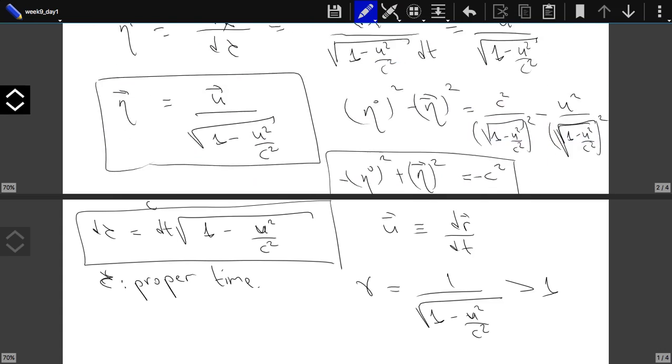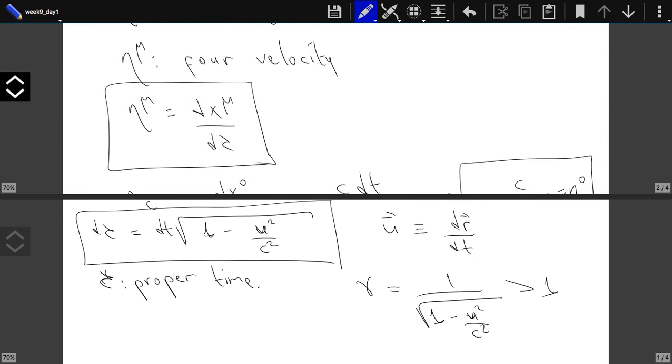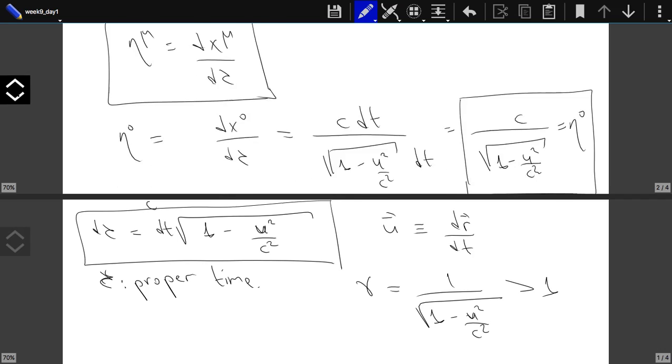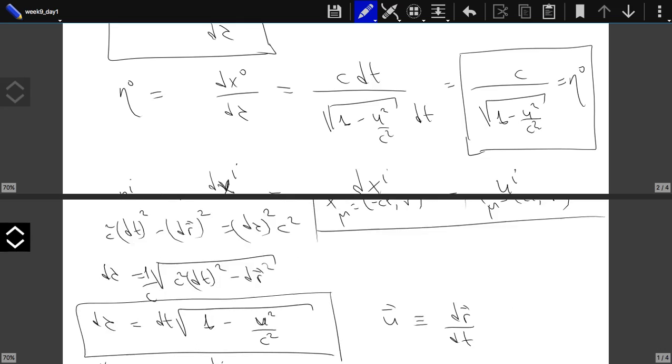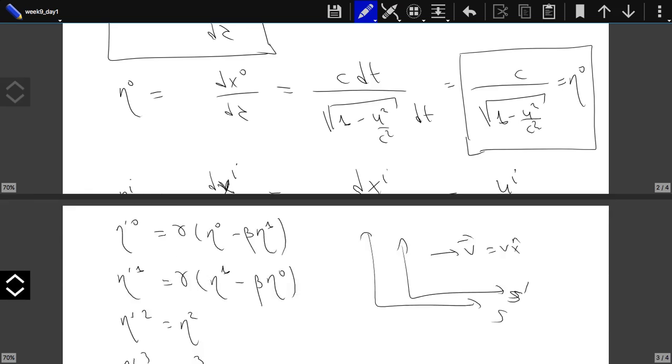You see, these are my definitions. I first define the 4-velocity. That is my definition of the 4-velocity. And then I studied its components. What are the components of this 4-velocity? And we found out that the zero component is just the speed of light divided by that square root. So if you just multiply this by m, that is how we define the momentum.